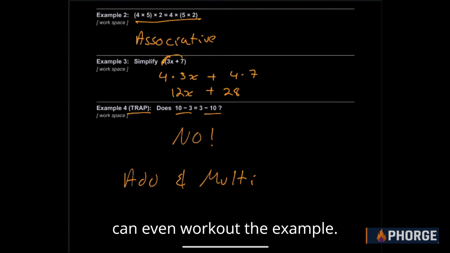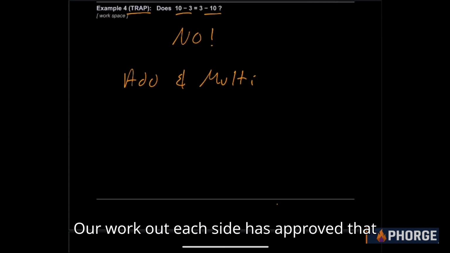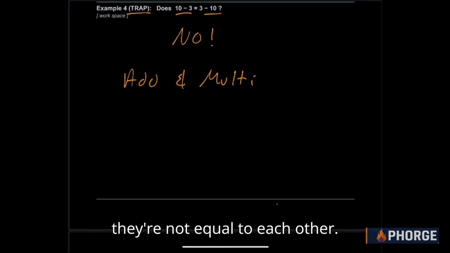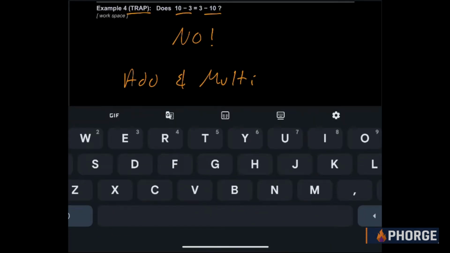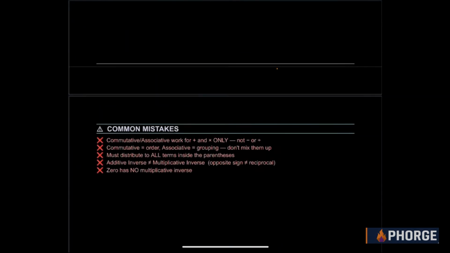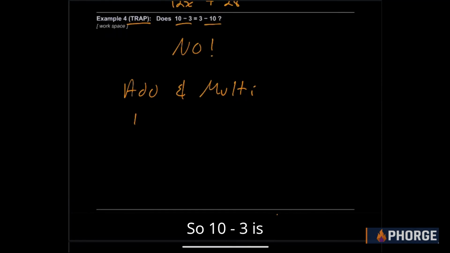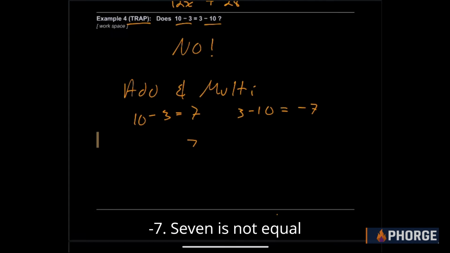And we can even work out each side to prove that they're not equal to each other. So 10 minus 3 is equal to 7, and 3 minus 10 is equal to negative 7. 7 is not equal to negative 7.